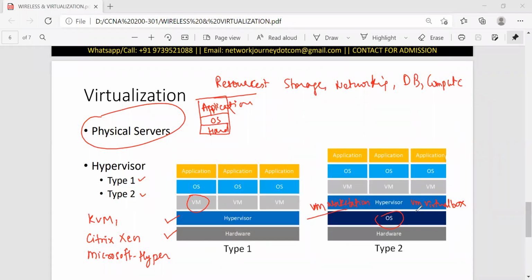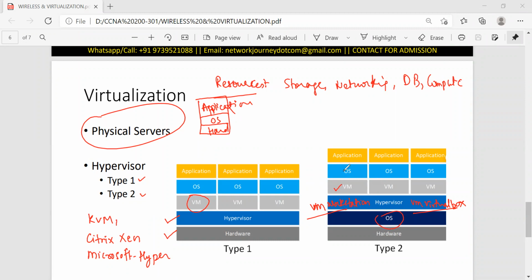Either of these you can download and install in your system. After that, you just need to spin up a virtual machine by setting the amount of RAM you want and the kind of storage you want, similar to the way we do it for normal hardware.